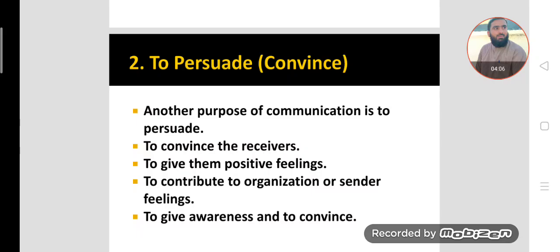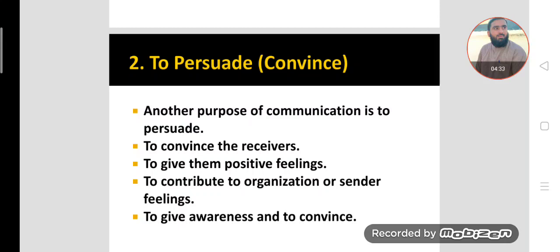They persuade others and convince them. For example, they give them information and educate them, and through education or awareness, they persuade others. They take their hearts, their heads, and their agreement.